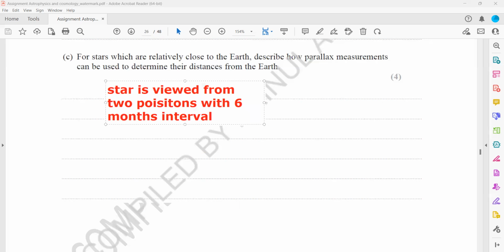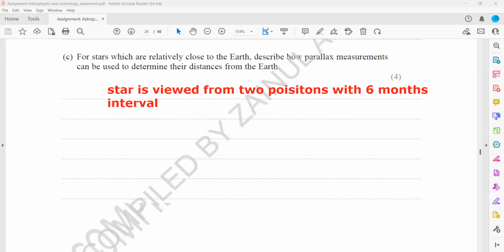With a 6-month interval, we observe the star, so the star is viewed from opposite ends of a diameter of Earth's orbit. Then the change in angular position of the star against the background of distant stars is measured.